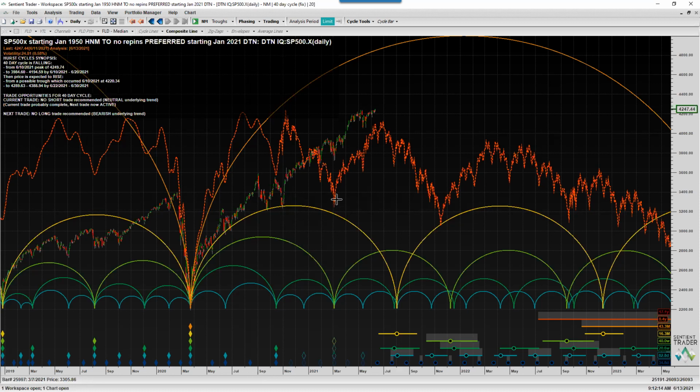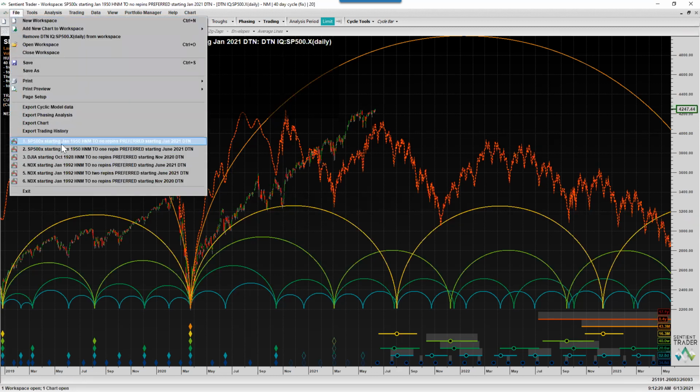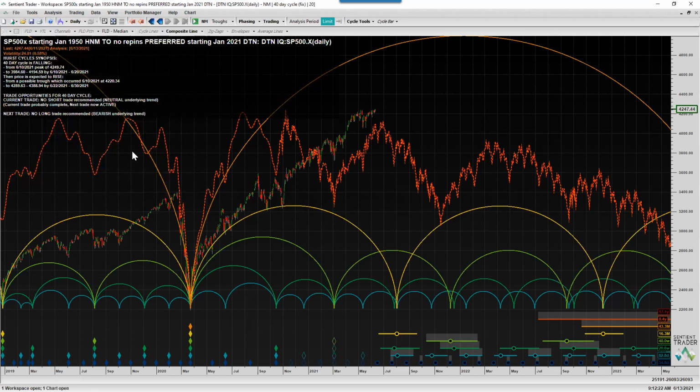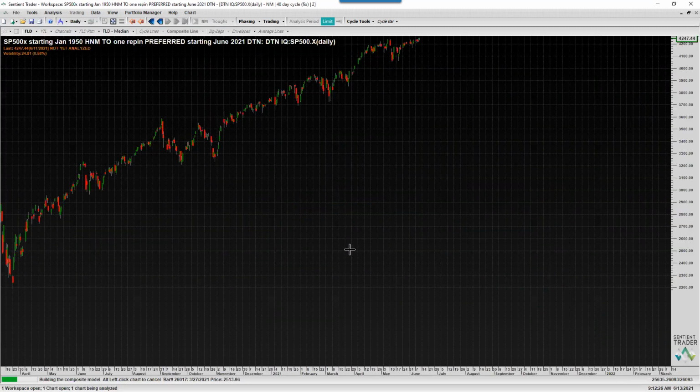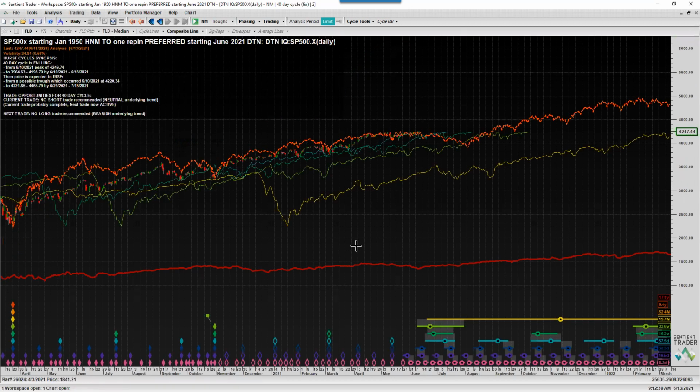And that is why I have continued to pin using one repin, and I'm going to switch back to that one. It just makes more sense to have a left translated 40-week cycle trough within the 18-month cycle, because the markets have been bullish, and when the market is bullish, you usually get these left translated.